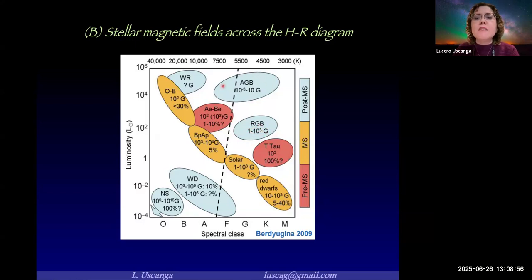But for the AGB stars, these values are smaller, between 10 to the minus 3 and only 10 Gauss. As you can see, there are some areas where the values of the magnetic fields are not very well known. And just to remember that the highest magnetic fields are in neutron stars.